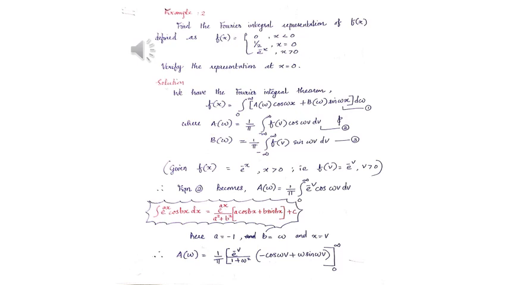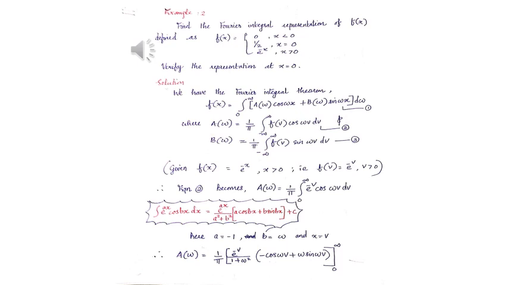Now we have learned the integration formula: integral of e raised to ax cos bx dx is equal to e raised to ax divided by a square plus b square into a cos bx plus b sin bx plus c, for an indefinite integral. So here take a is equal to minus 1. Why?